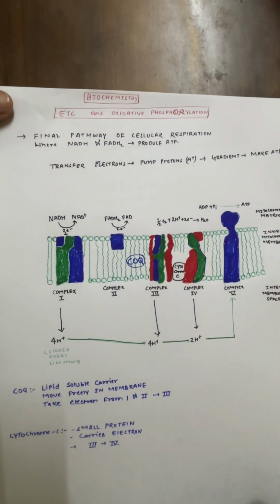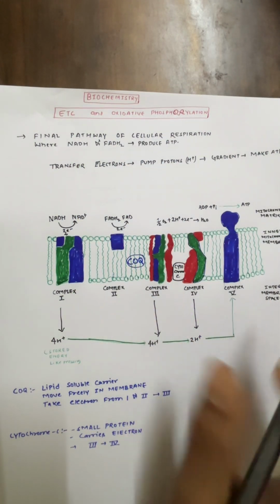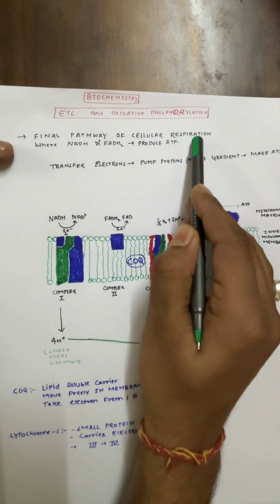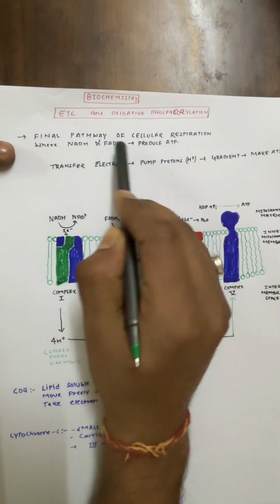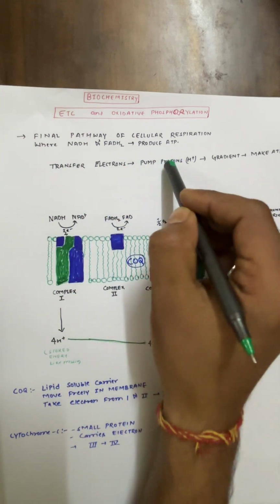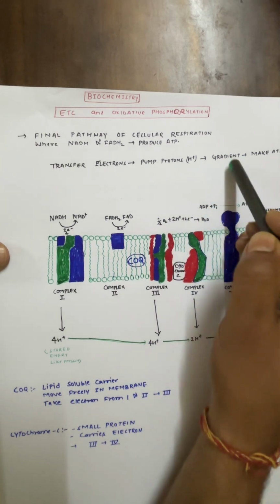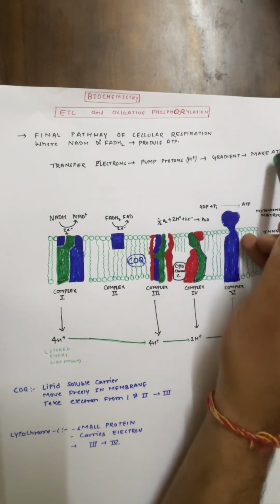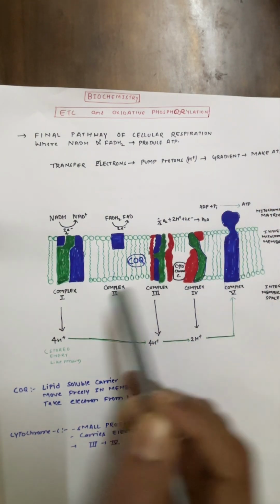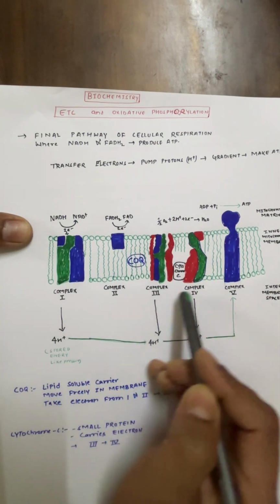At last, I'll quickly revise all these steps. ETC and oxidative phosphorylation is the final pathway in cellular respiration to produce ATP from NADH and FADH2. The electrons get transferred, these complexes pump protons out, and they create a gradient and finally make ATP. There are 5 complexes, complex 1, 2, 3, 4 and 5.